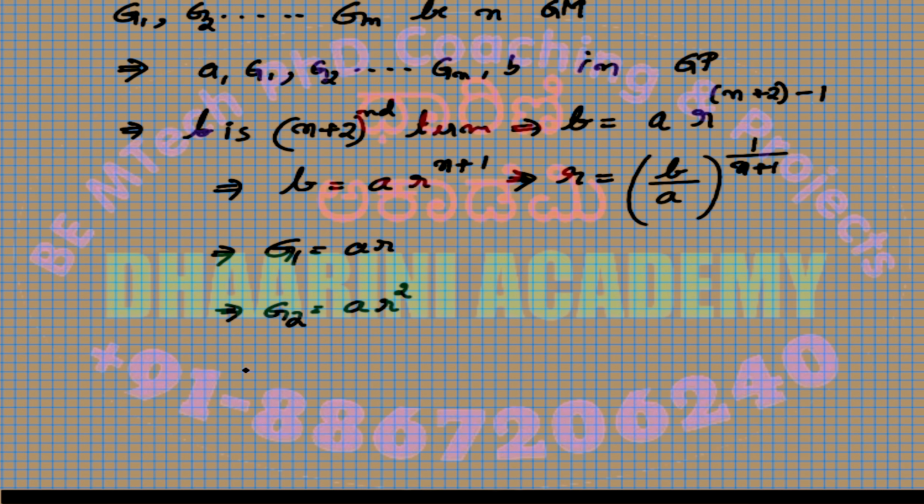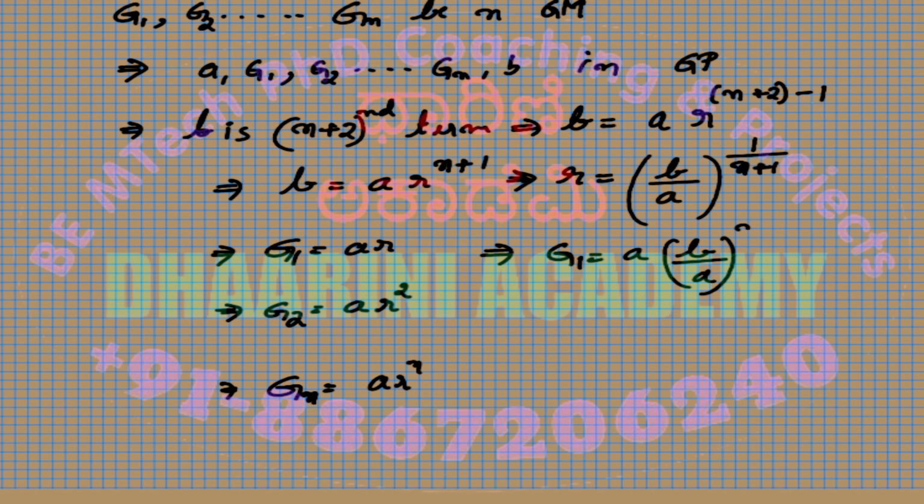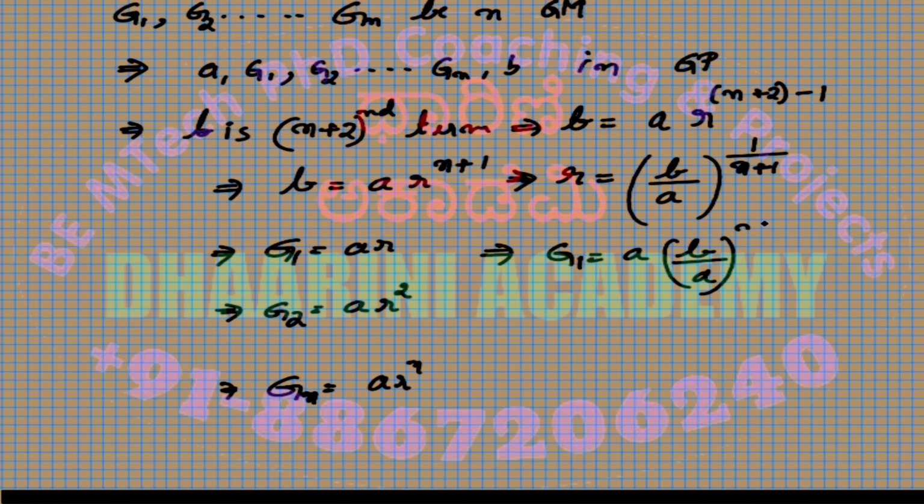Okay, so this implies, let me write Gn is equal to A R to the n. So this actually means I can write G1, where A is the first term. What is R? R is equal to (B by A) to the power 1 divided by n plus 1.